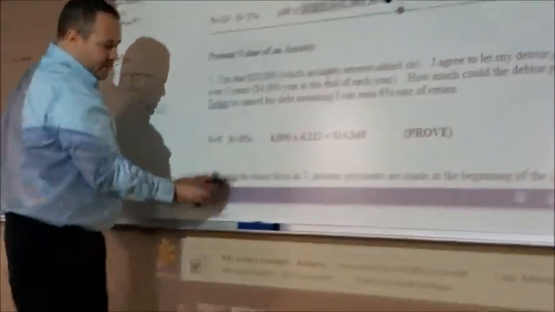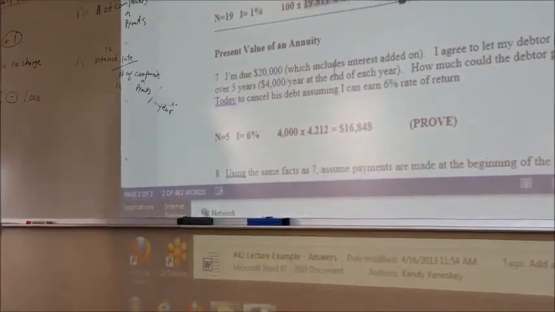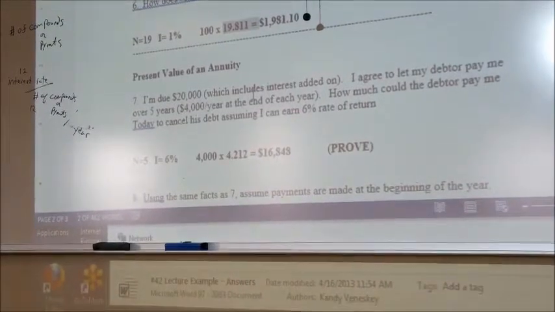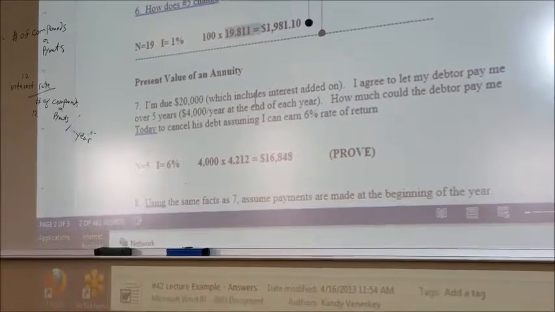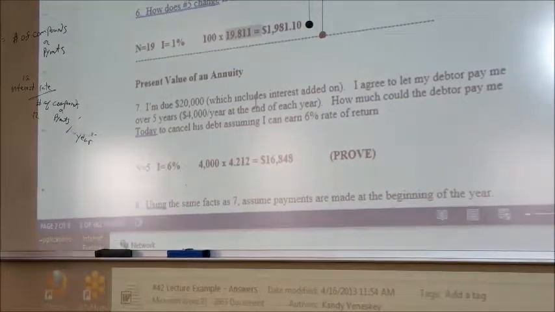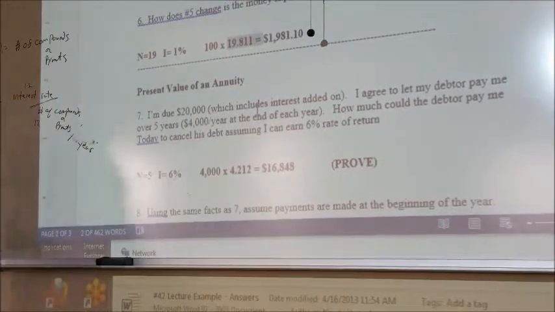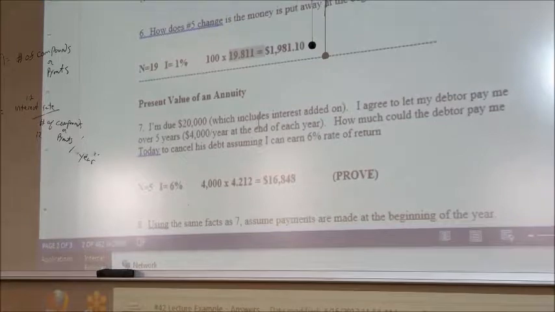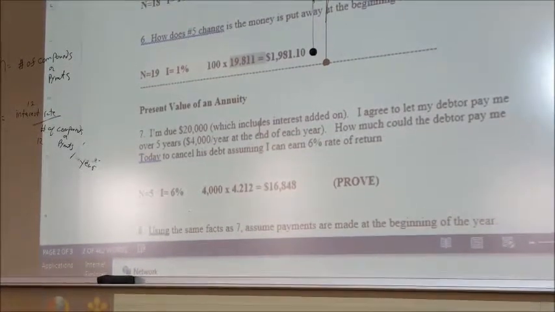Well, over 5 years, and it's 5, my interest rate per year, I only have one compound per year, so it's 6%, the given number. If this person paid me $16,848, that's the same as paying me $4,000 a year for the next 5 years.